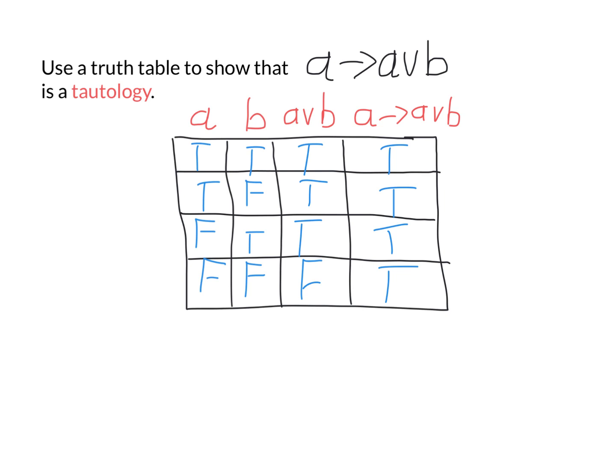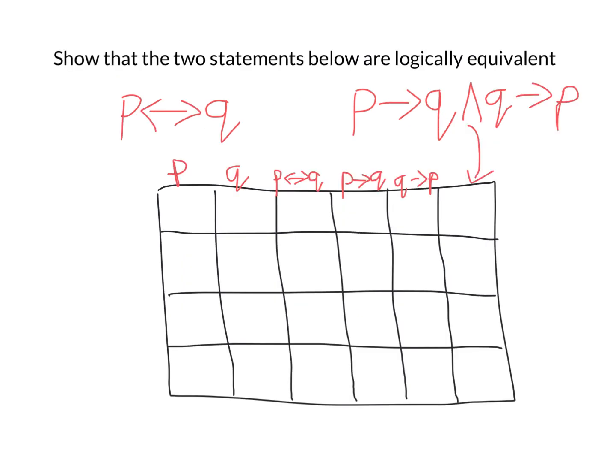All right, let's look at one more example of a truth table. Here we're asked to show that these 2 statements are logically equivalent. So we're going to draw up a truth table again. We have 2 component statements, P and Q. Let's come up with all the possibilities. Either they can both be true, they can both be false, or P is true and Q is false, or the other way around.